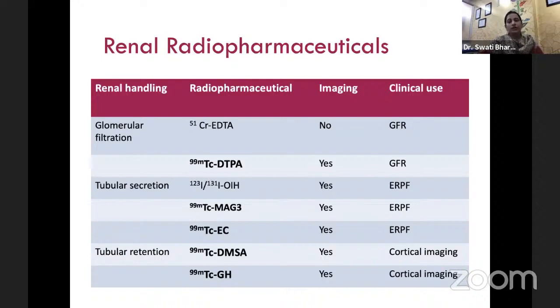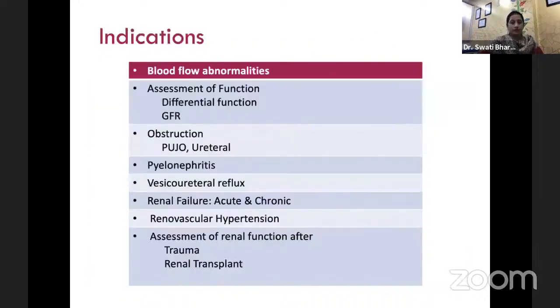So they can be utilized in conditions where we are suspecting any obstruction in the system. The third category of agents are those extracted by the tubules which bind to the cortex, technetium DMSA and technetium glucoheptonate, and they are therefore useful in giving structural information, that is cortical imaging.